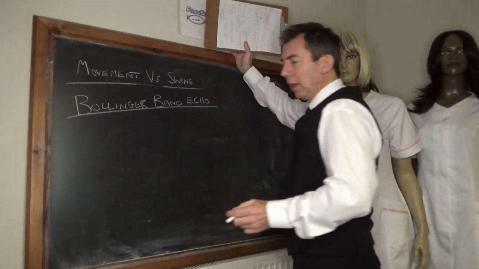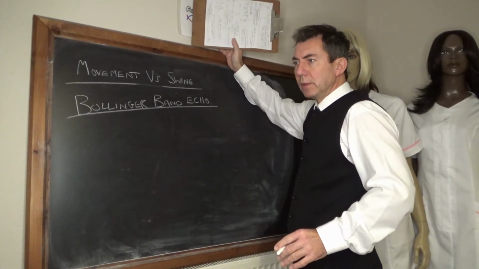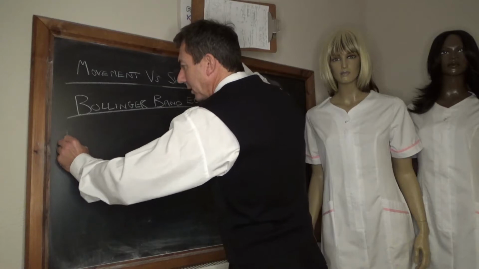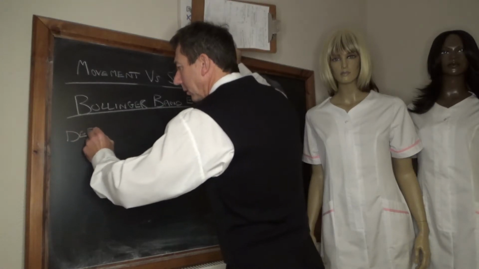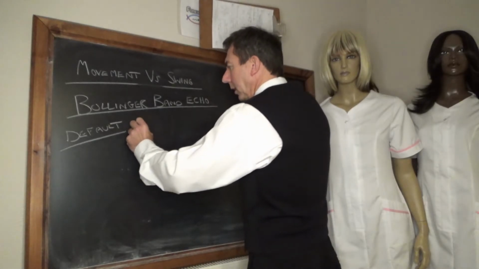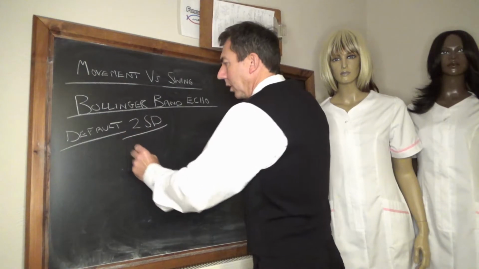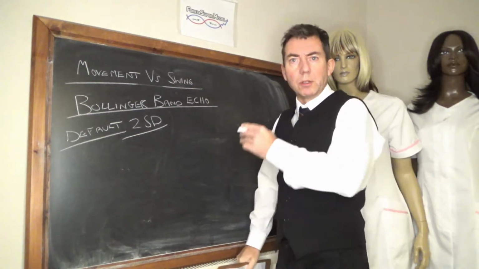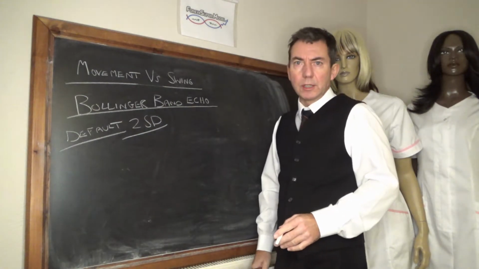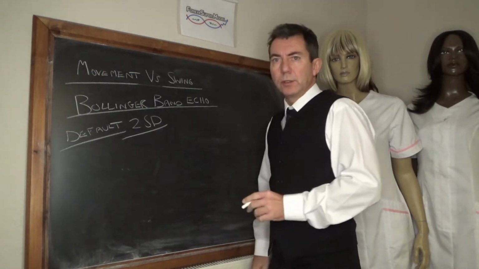if you look at the Bollinger bands, and we suggest that you don't use the default setting. The default is 2 standard deviations, right? If you look at the Bollinger band indicator, there's normally a way of changing the settings on it, and it tends to be set at 2 standard deviations.